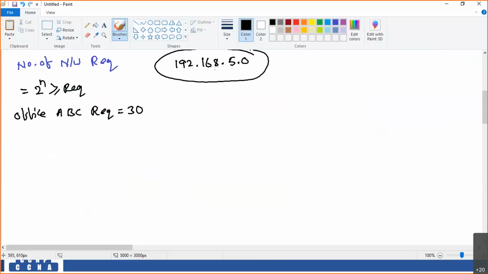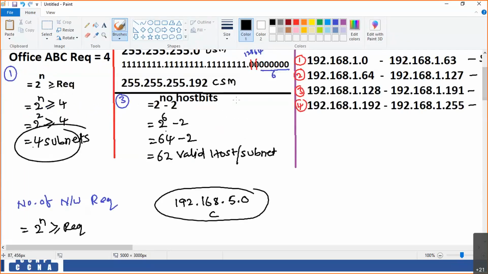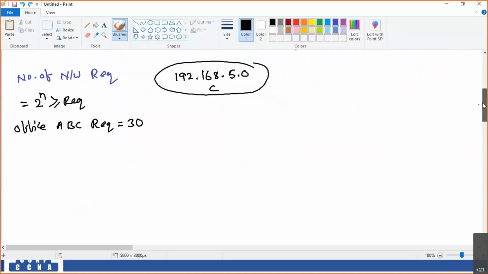From this network, you divide into 30 parts and tell me how many subnets we can get, what is the CSM, and for each subnet, how many usable addresses, network IDs, and broadcast IDs. Do it fast and tell me the answers. So the requirement is now 30.